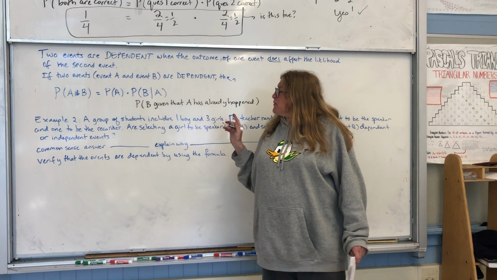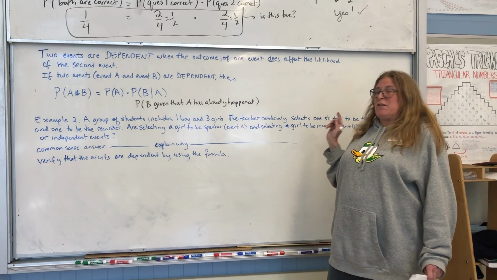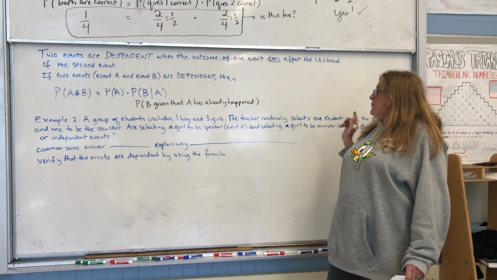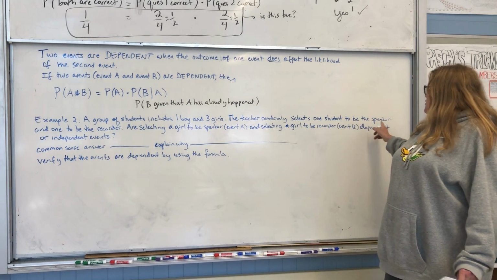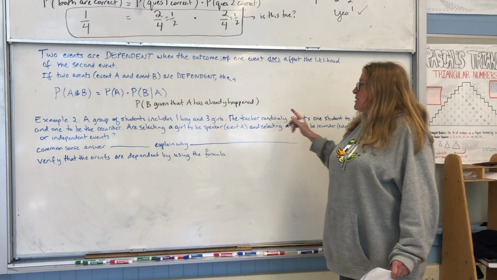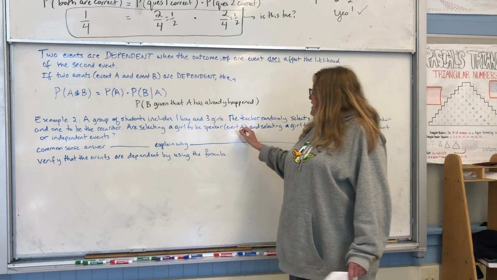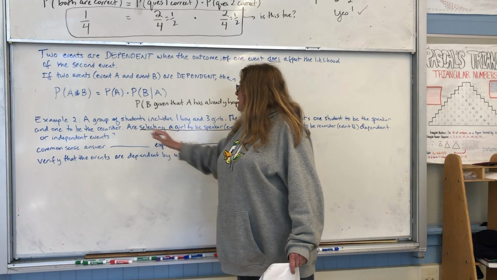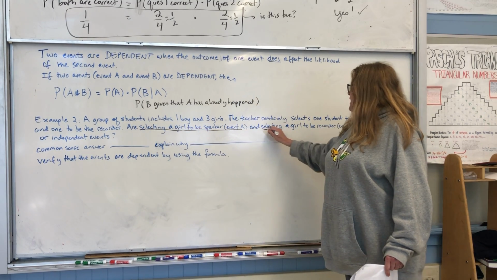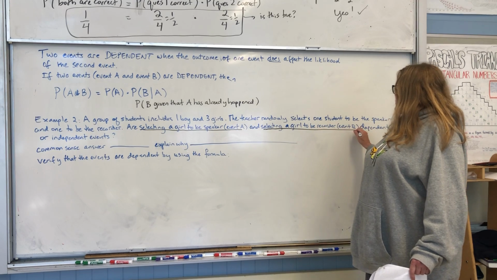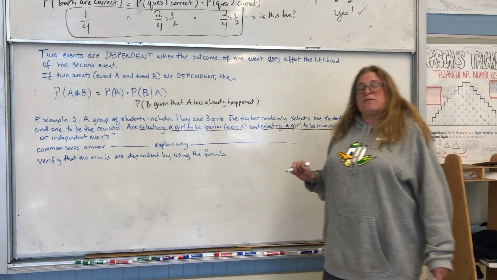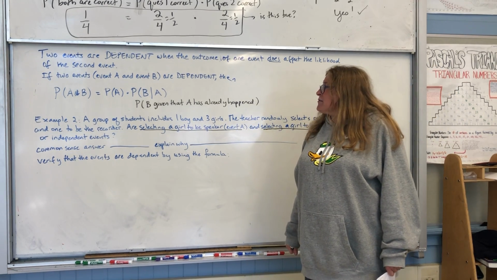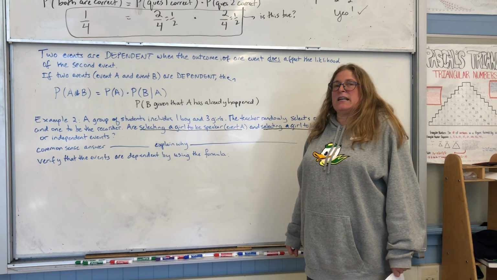Okay, guys, we have a group of students that includes 1 boy and 3 girls. The teacher randomly selects 1 student to be the speaker and 1 to be the recorder. So event A is selecting a girl to be a speaker and then selecting another girl to be the recorder. Okay, first let's use our common sense. Are those events dependent or independent?